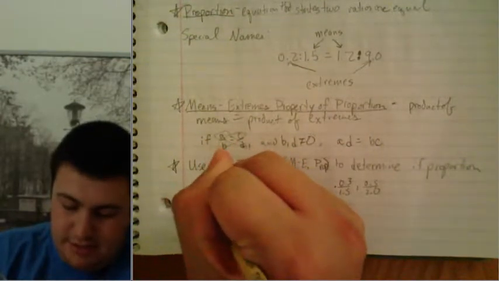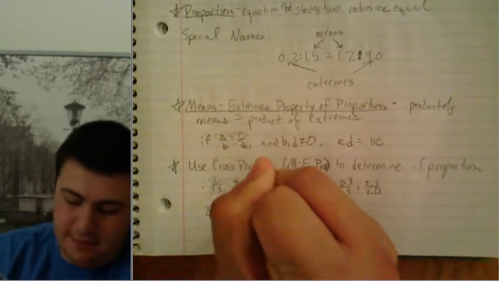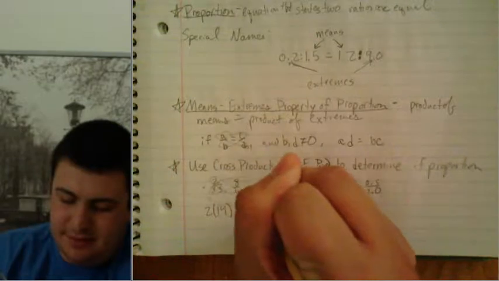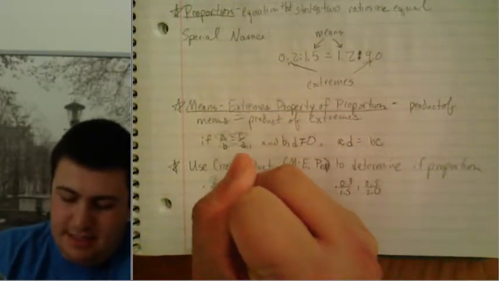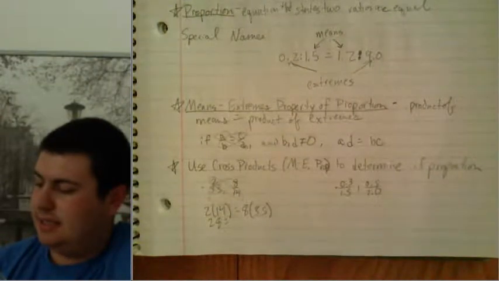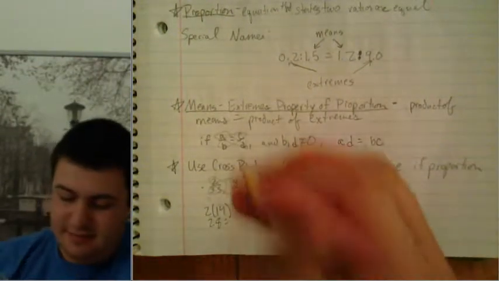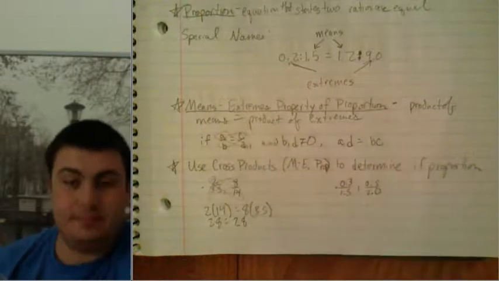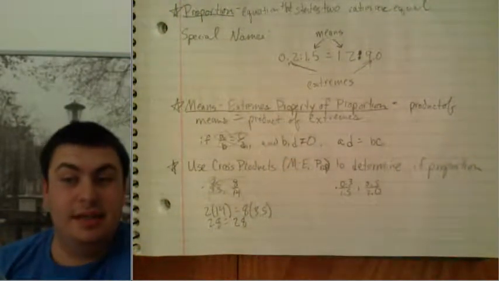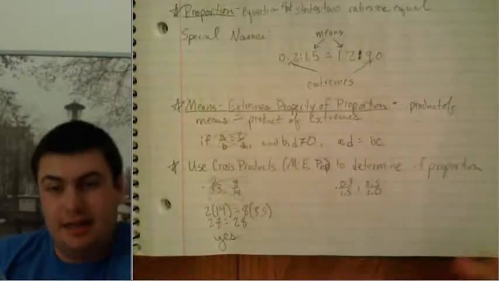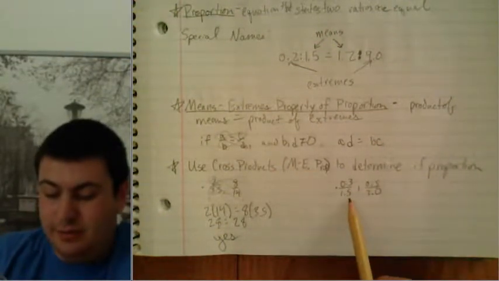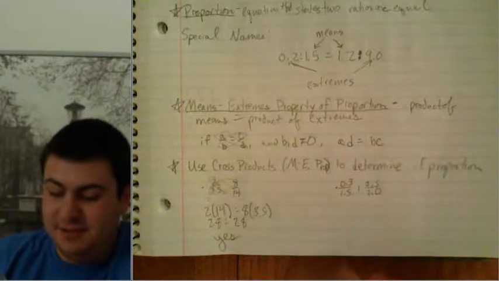Is 2 times 14 equal to 8 times 3.5? 2 times 14 is 28, and 8 times 3.5 is 28. Are those equal in a proportion? Yes, they are.